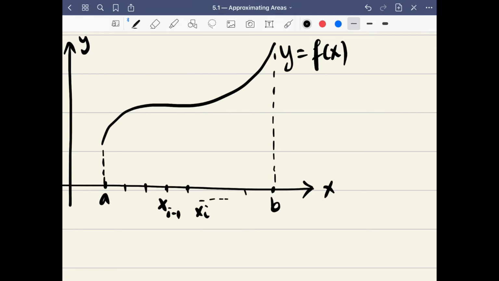Okay, so I have these 2 points here. Now we're going to construct a rectangle whose height is the value of the function at some point. Let me call this point xi star, an arbitrary point between xi minus 1 and xi. So let's say this is the value of the function. So the height of this rectangle is going to be that value. So let me construct this rectangle.